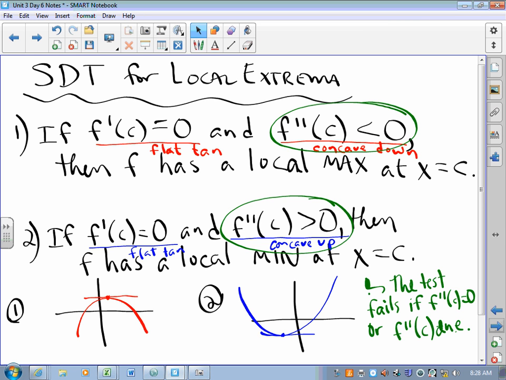We cannot discern if f has a local max or a local min at x equals c if the first derivative is 0 and the second derivative is 0 or undefined. We can figure that out if we have other information, but we can't figure it out from f prime and f double prime at c.